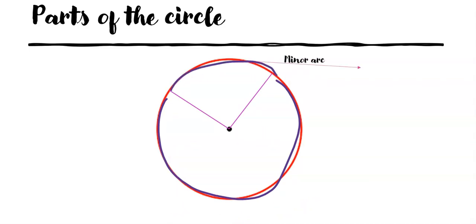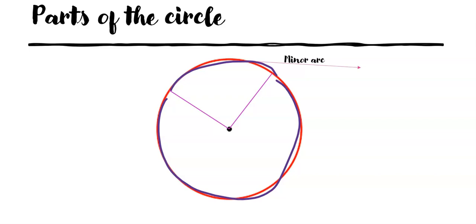We have what is called the minor arc, and in general the arc is a piece of the circumference. So the minor arc is a smaller portion of the circumference, and the angle that goes with the minor arc is less than 180 degrees, because angles in a circle add up to 360 degrees and 180 is half.